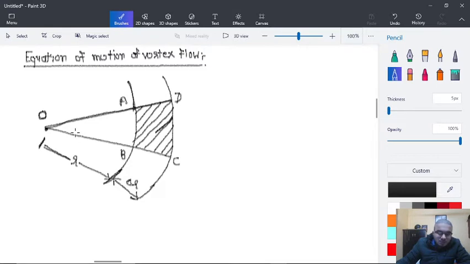The angle subtended by the fluid element with center is delta theta.